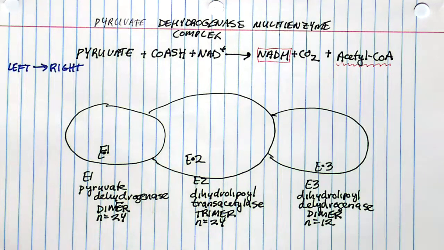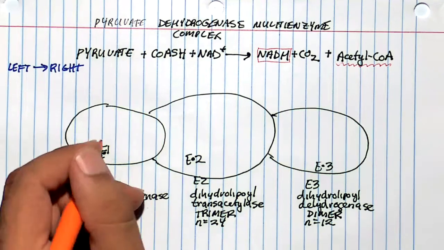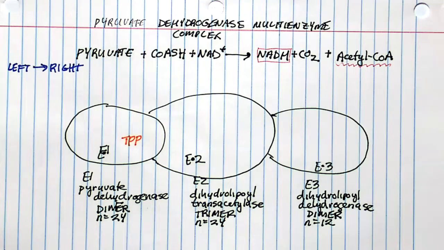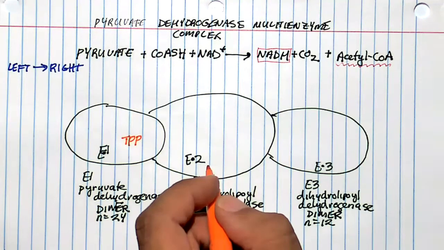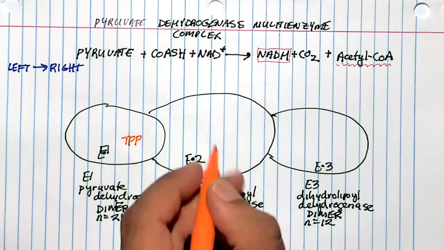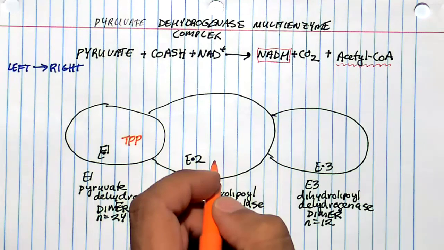Let's talk about 3 of the cofactors that are contained within each of these enzymes that constitute the PDH multi-enzyme complex. The first one is TPP. Okay, that stands for thiamine pyrophosphate. So that's the cofactor that's associated with E1. And then the cofactor that is associated with E2 is lipoic acid, but that lipoic acid is conjugated to the amino acid lysine. So actually we call it lipoamide.